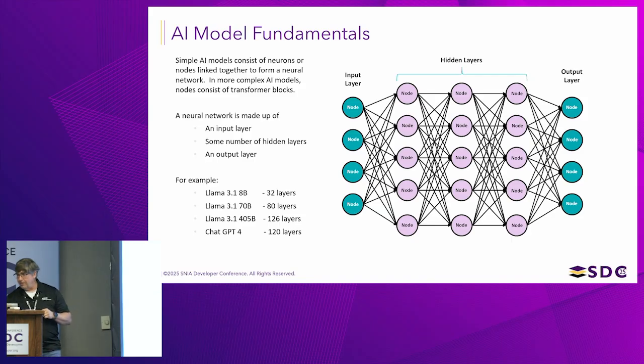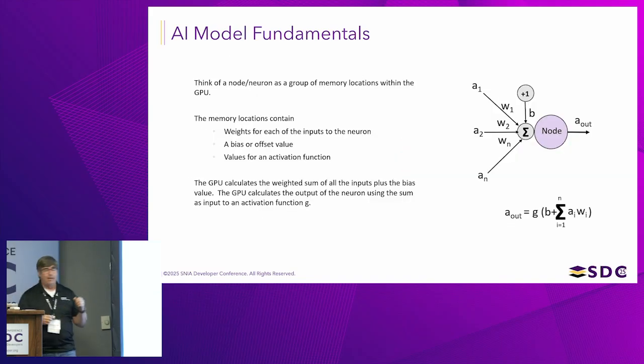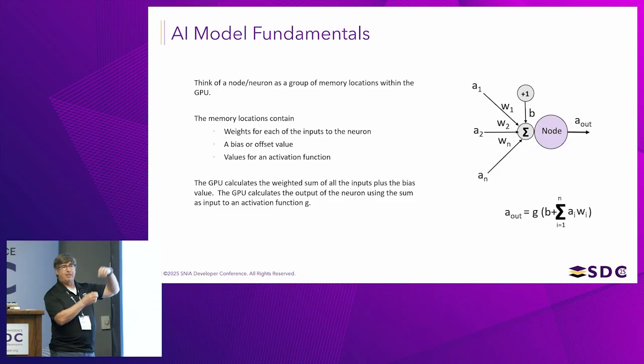If you look at what happens in a node as that vector flows through, it takes each dimension of that vector, and a node contains all the weights that it applies to those elements of the vector, and it essentially does a weighted sum.